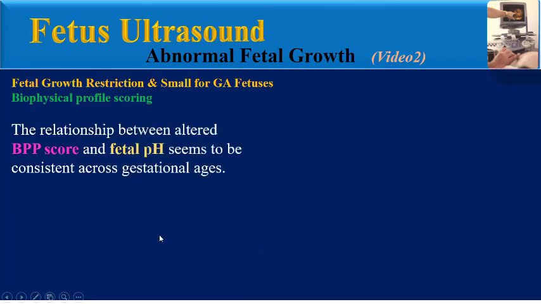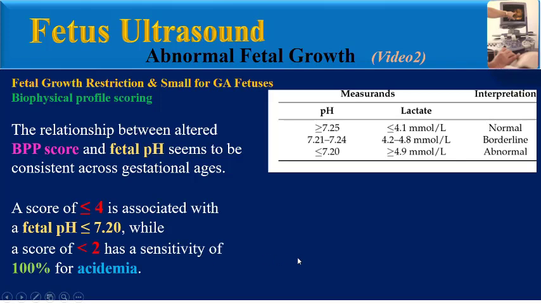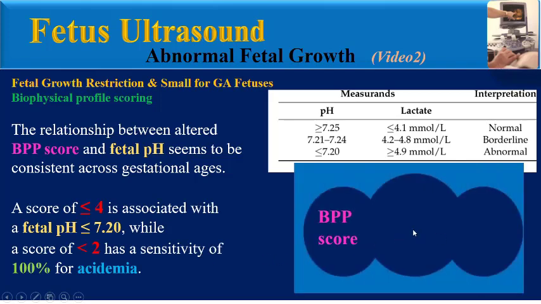The relationship between altered score and fetal pH seems to be consistent across gestational ages. A score of equal or less than 4 is associated with a fetal pH less than or equal to 7.20, while a score of less than 2 has a sensitivity of 100% for acidemia.